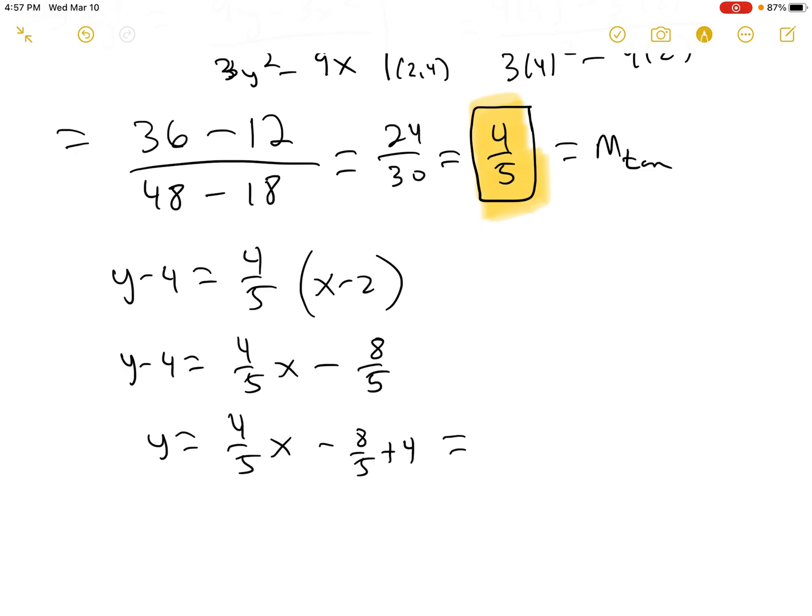What is that? 4/5 x plus 12. It's funny, all the calculus was really easy, and now this last step is killing me. 4 times 5 is 20, 20 minus 8 is 12. All right.